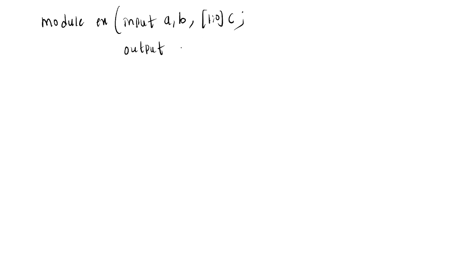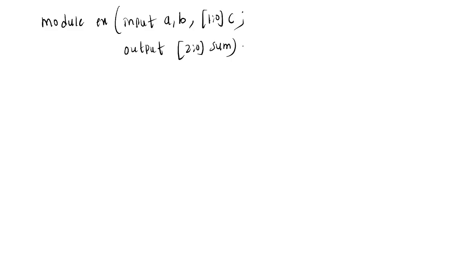Here also, suppose I am declaring module example, input a comma b, and 1 down to 0 C, semicolon, output 2 down to 0 sum.